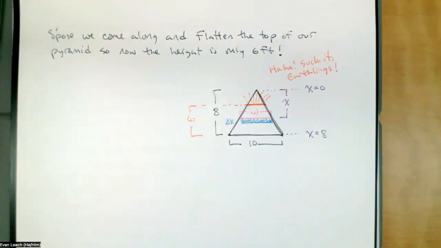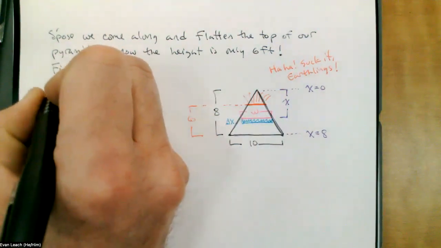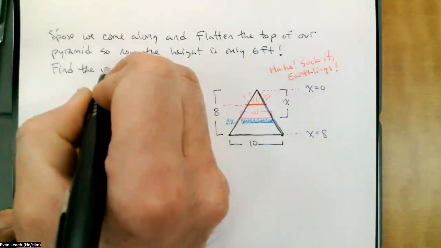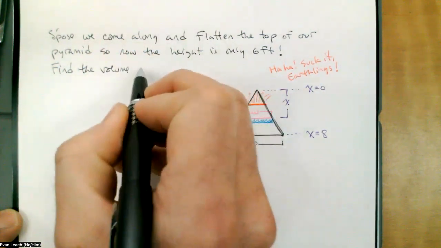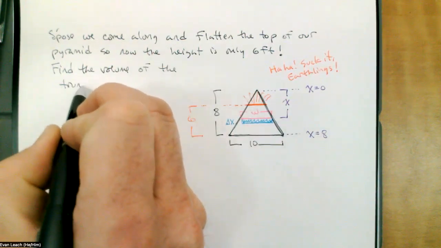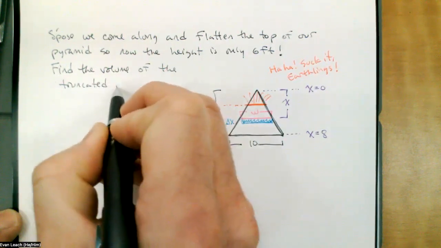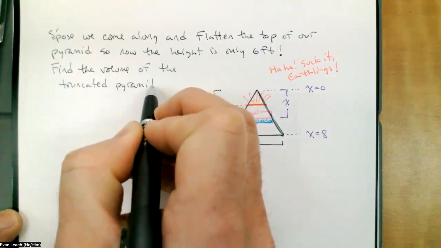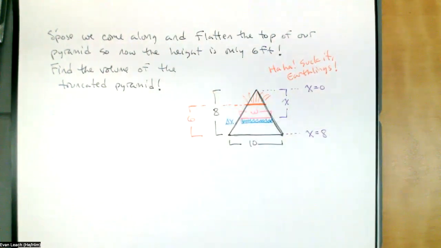We want the volume of the truncated pyramid. I'm gonna put exclamation points everywhere because apparently this problem became much more dramatic in my mind while I was thinking about it. The good news is we don't have to do any more work.